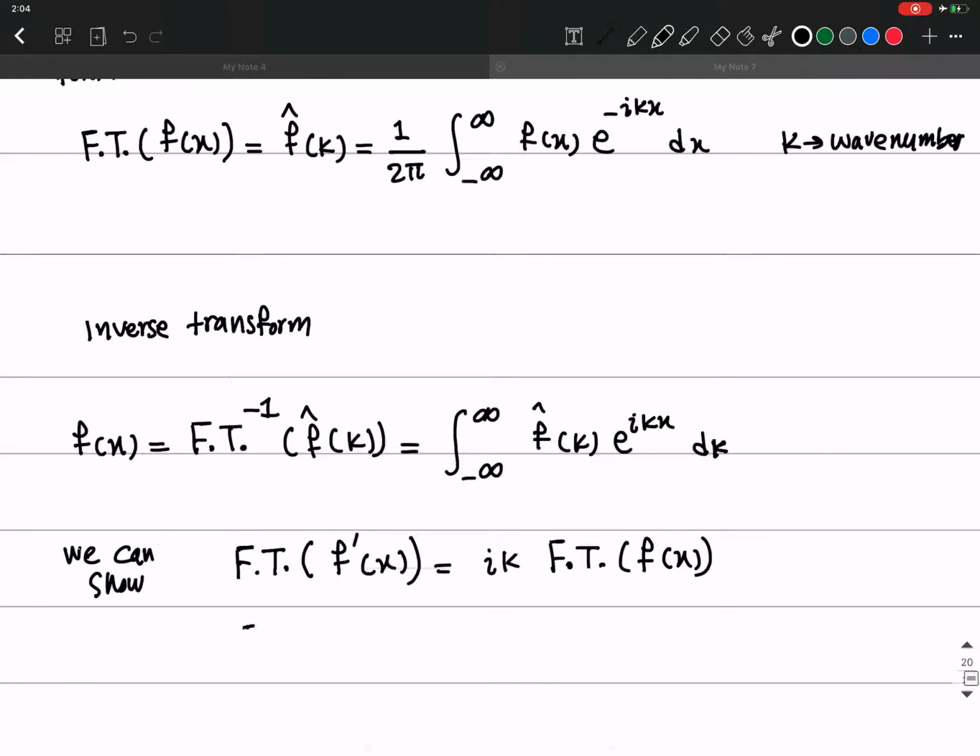And similarly, the Fourier transform of the nth derivative, d^n f over dx^n, equals (ik)^n times the Fourier transform of f(x).